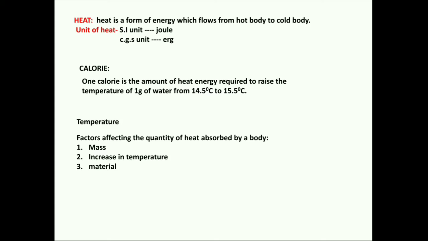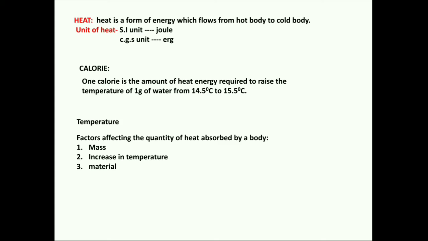Number 2, we have increase in temperature. More the increase in temperature for a body, more will be the heat energy absorbed, isn't it? And last one, we have material. Different materials absorb different quantities of heat.